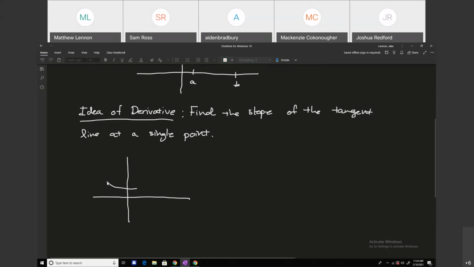If you have some curve now and you're looking at just a single point A, what we've got is the tangent line. And if we can find the slope of that tangent line, that is what the derivative is at that point. So the slope of the dotted line is, we would write f prime of A, and that would be the derivative of f of x at A.